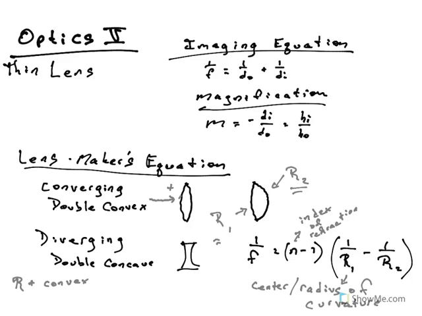Take this first lens, for instance, this converging double convex lens. The light comes in, hits the first surface, and it's convex because it bulges outwards like that. That's a convex surface, so R1 would be positive here. Then the light continues and hits the next surface. This right side surface is a concave surface because it's caving in. R is negative for concave surfaces.